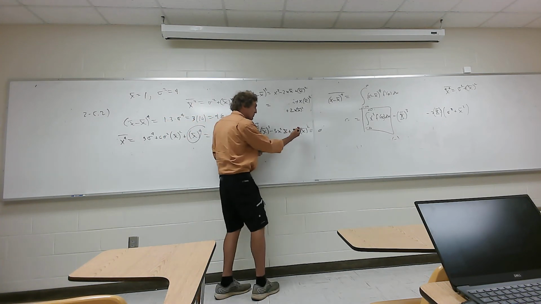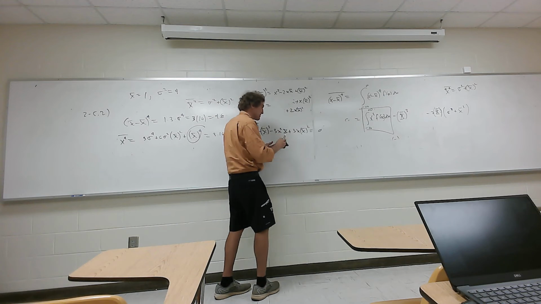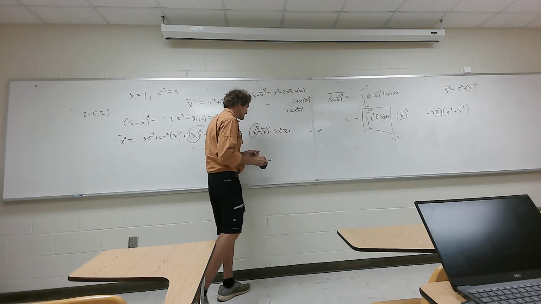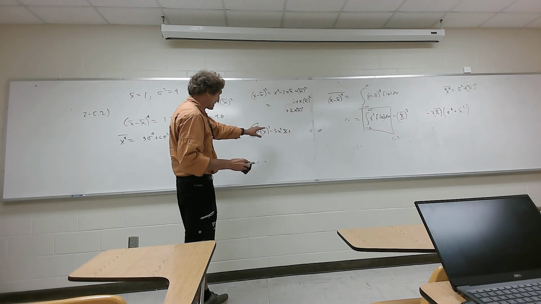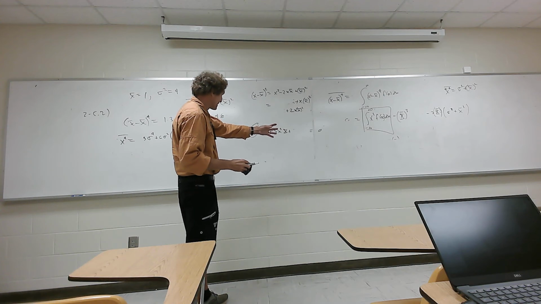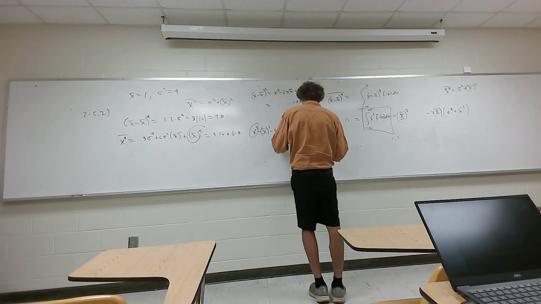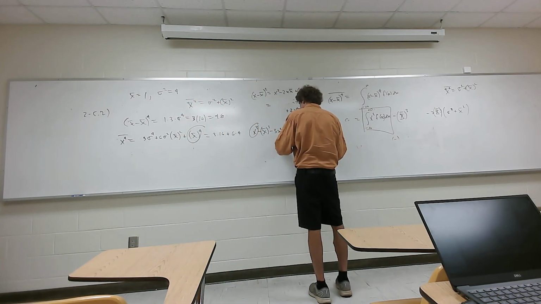Well, this one goes away because it's x times the density function. That's linear, so you get this. Now, if I want that, I take that to the other side. It's negative, so the mean value is going to be 1 cubed.